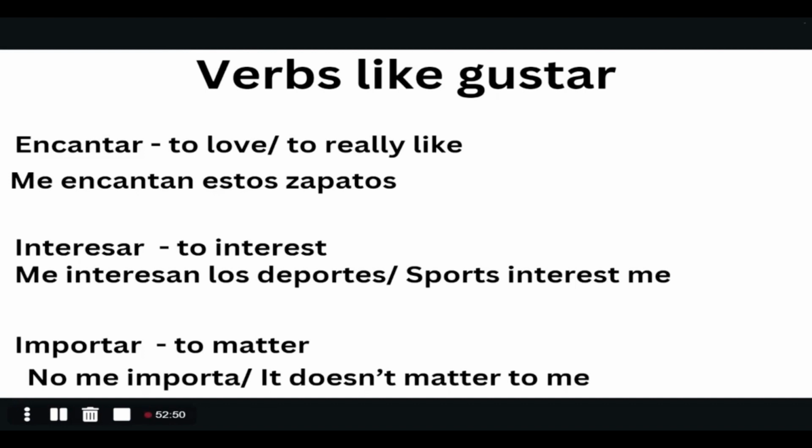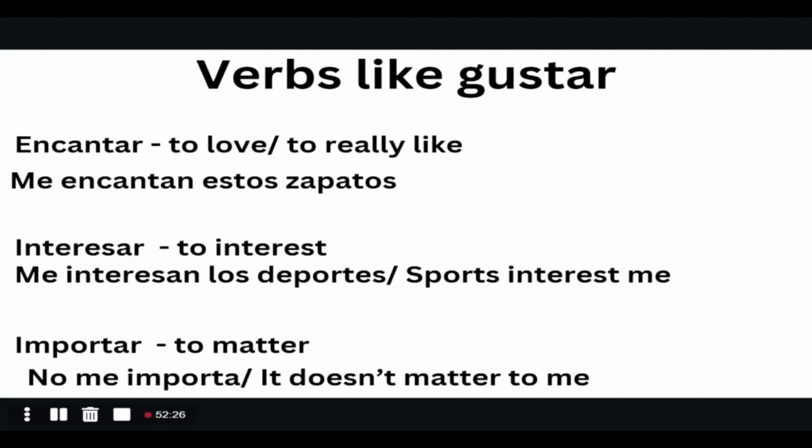So finally, let's look at a few verbs like gustar. We have encantar, to love or to really like. Me encantan estos zapatos. I really love these shoes. That's what it's translated to.